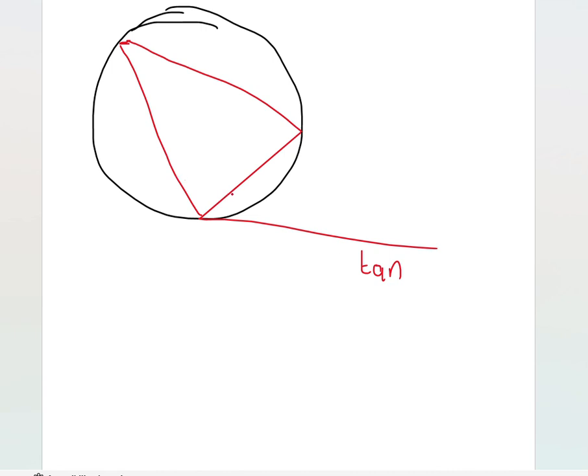So this angle here is the same as this angle here. As long as this line is a tangent, so this line must touch the circle only once. It mustn't cut, but it must touch the circle only once, and then this angle here will be equal to, if this is 30 degrees, this will also be equal to 30 degrees.